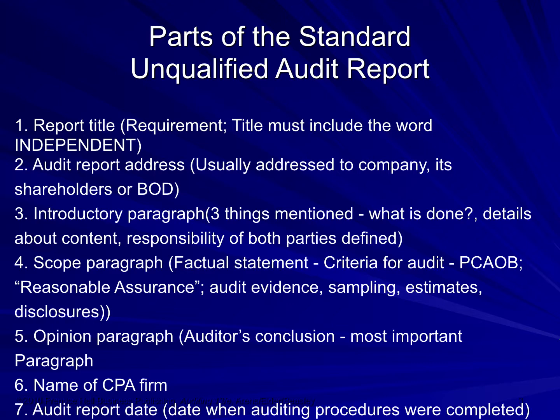In the scope paragraph, the auditor will also discuss the audit evidence accumulated, and states that the auditor believes that the evidence accumulated was appropriate for the circumstances to express an opinion.